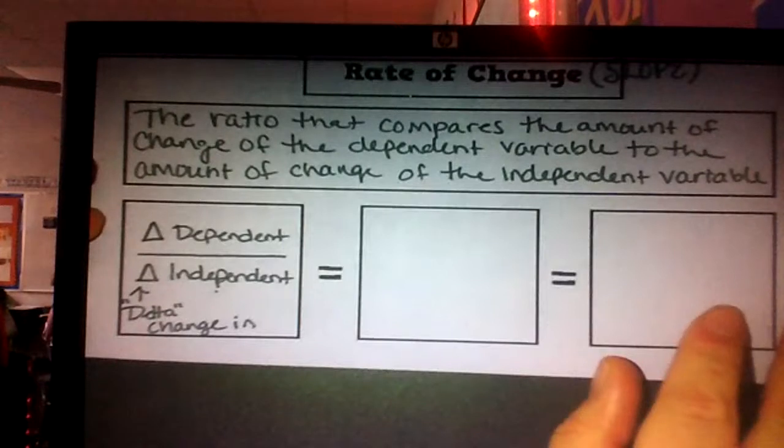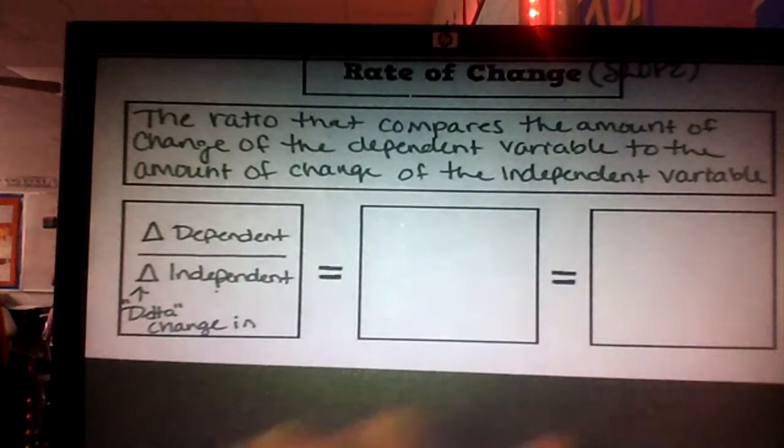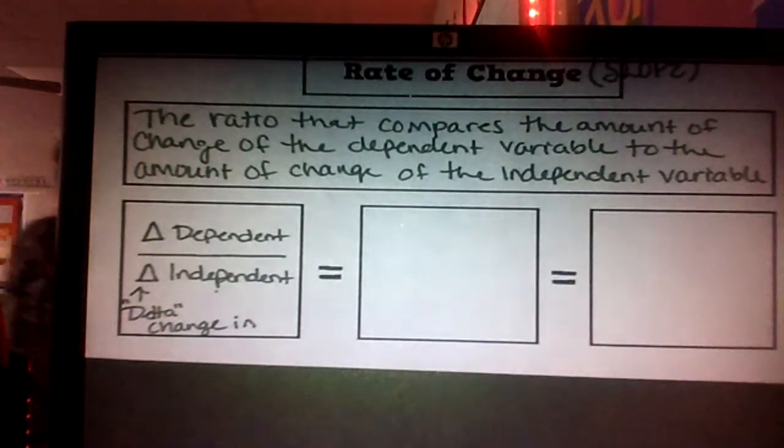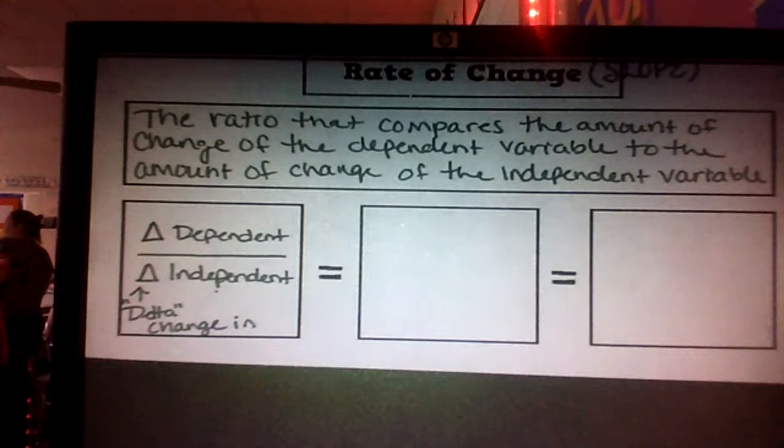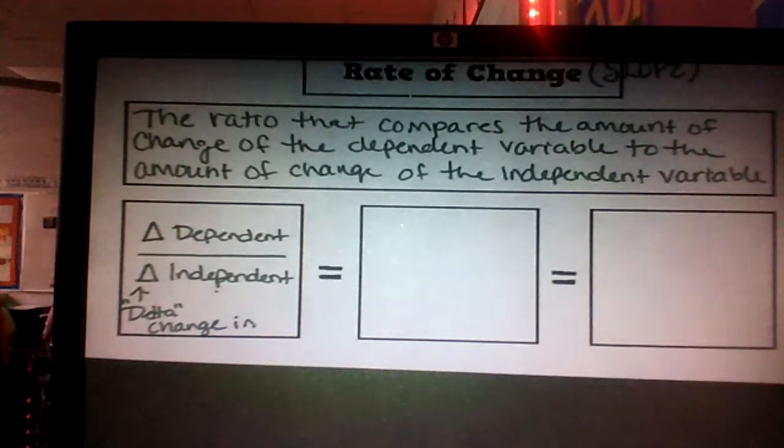Okay, so when you see this as a number, you'll see a little triangle. This is a Greek symbol called delta. When they use delta in math, it means change in. So we write this as the change in the dependent variable over the change in the independent variable.